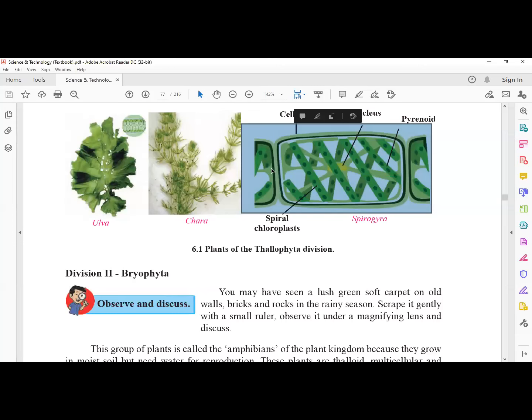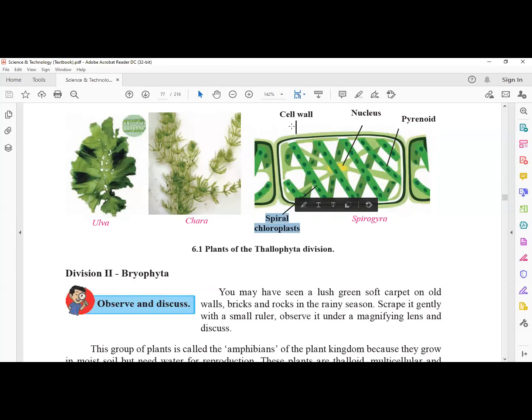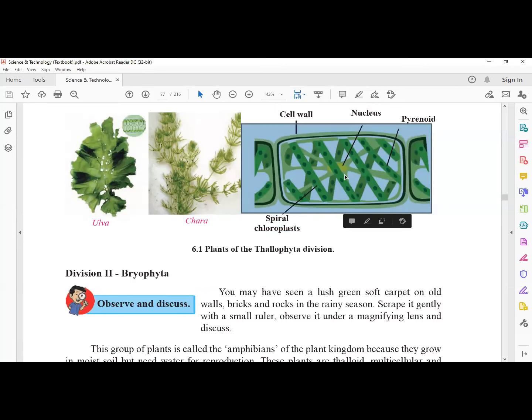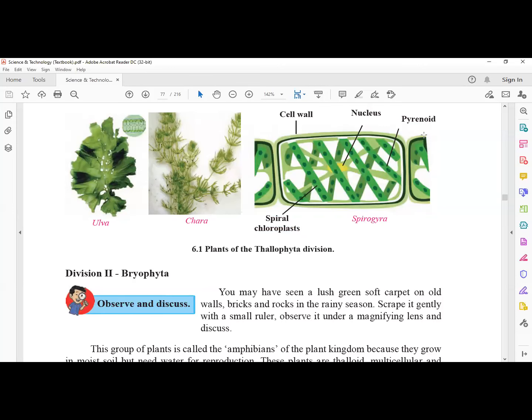You can see there is a spiral chloroplast. There is a protective cell wall. At the center there is a nucleus, which helps to control everything. Then there is pyrenoid as well. So keep practicing this structure of Spirogyra. You will be asked to draw this. Getting it?